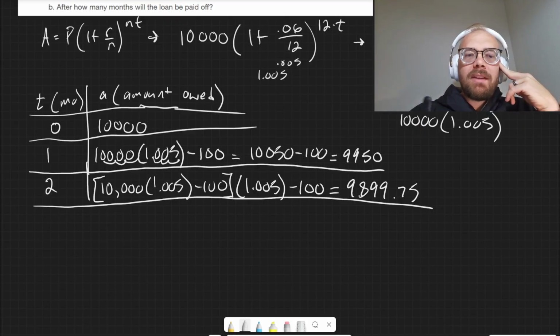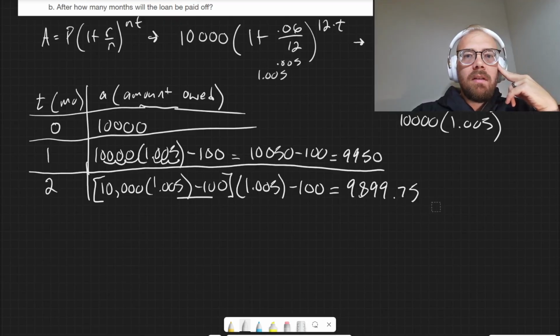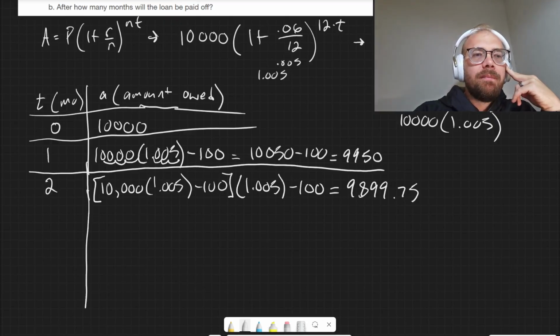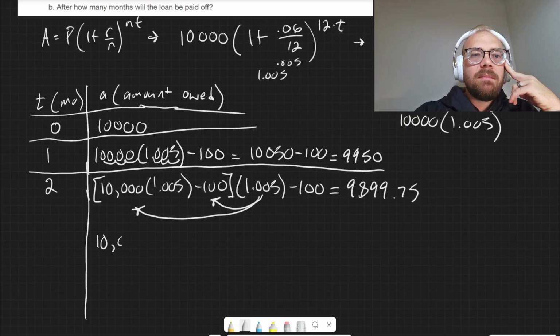Well, actually, you know what? Let's go back. Let's get rid of that because I want to go down before I get to 3. So the pattern here is that if I distribute this 1.005, it would go here and here, right? So that's going to be 10,000 1.005, and then that's times by another 1.005. So now it's squared.